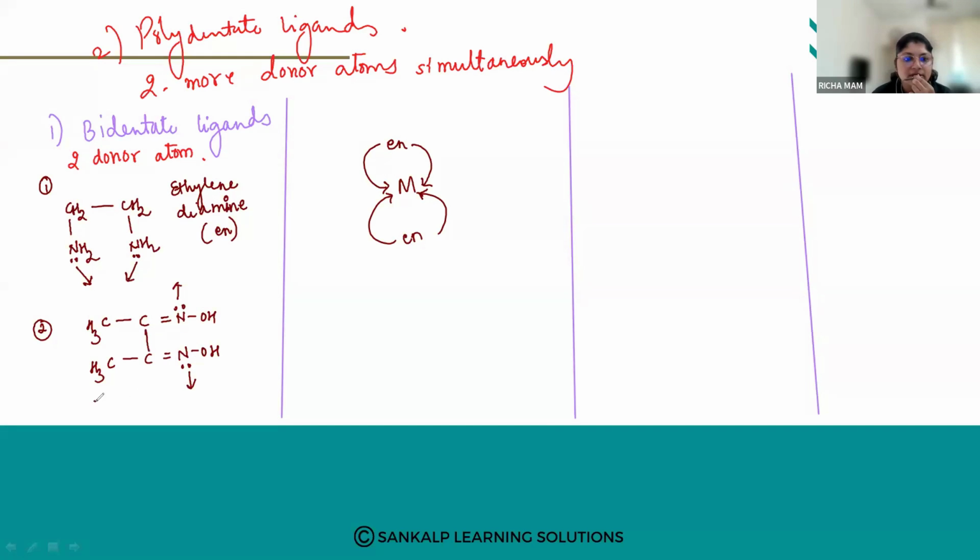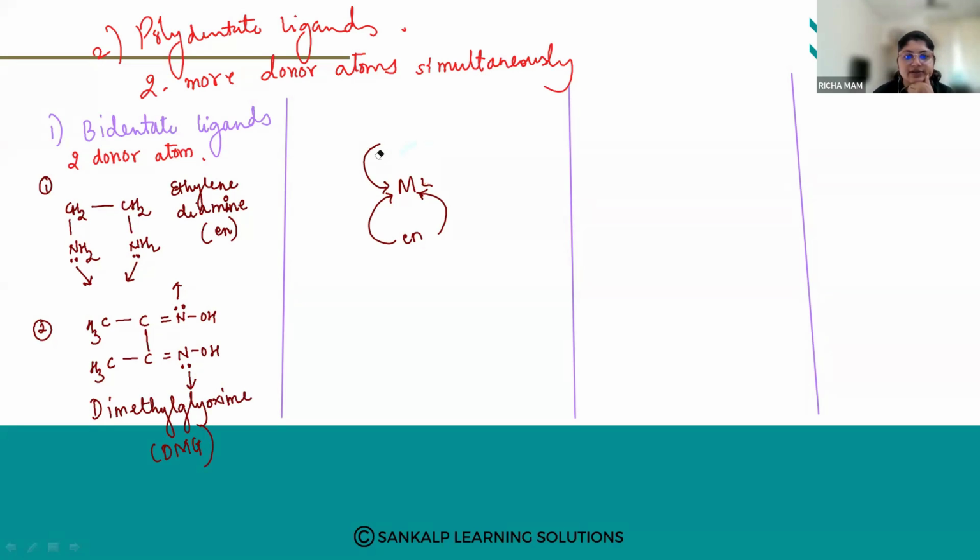This is dimethyl glyoxime, that is DMG. From nitrogen at these two sides, you can see it will link to the metal atom. So this is the second example.